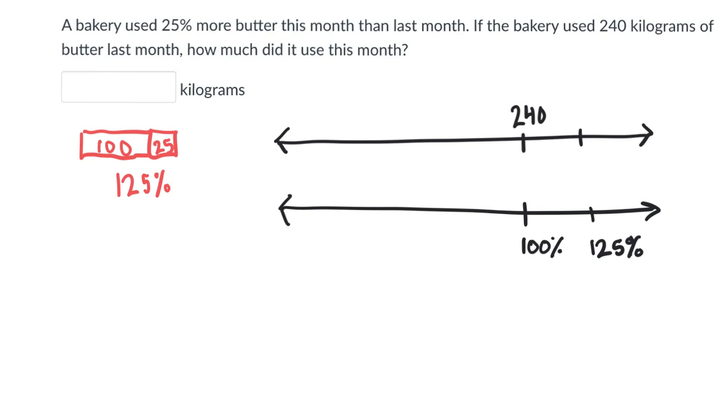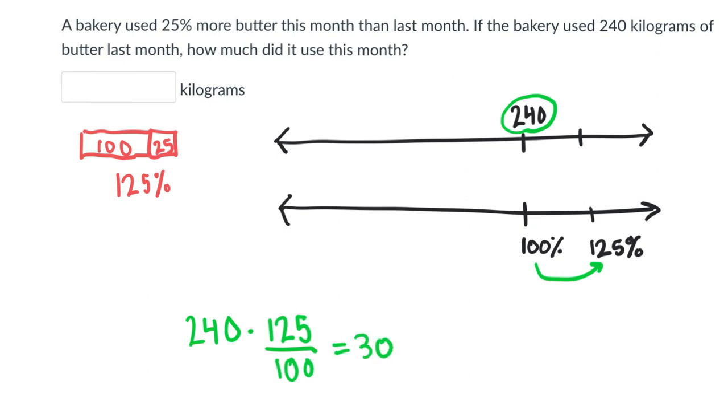But essentially, we are trying to figure out what 125% of 240 is. So I'm just going to go 240, and I'm going to multiply by 125 per 100. So if we go and do that, we get 300 kilograms of butter.